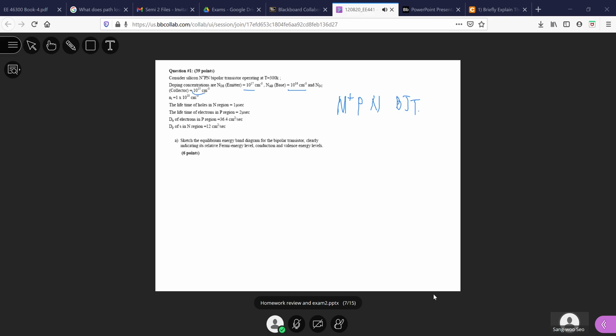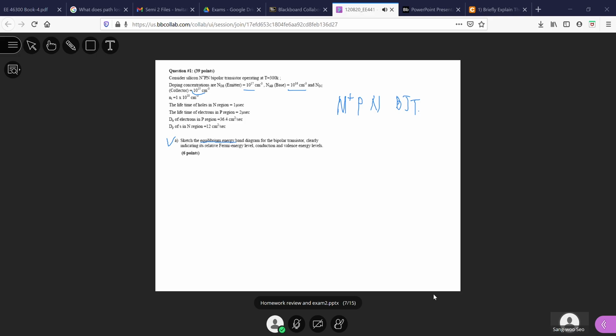Emitter is 10 to the 17, base 10 to the 16, collector is 10 to the 15. The first question asks, at equilibrium, show the energy band diagram for this BJT.